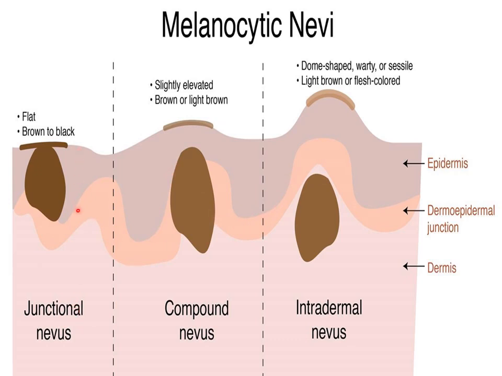First, the junctional nevus means that the group of nevus cells is present at the dermo-epidermal junction. So the melanin content is nearer to the surface, so the lesion is brown to black, and it's a flat macule.